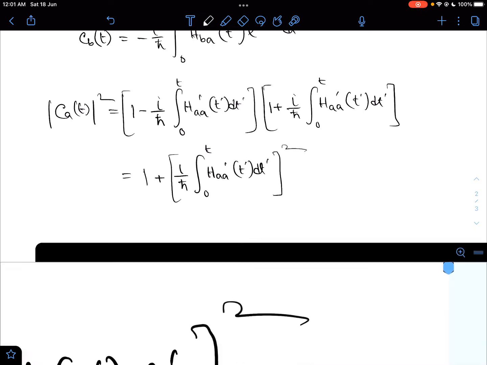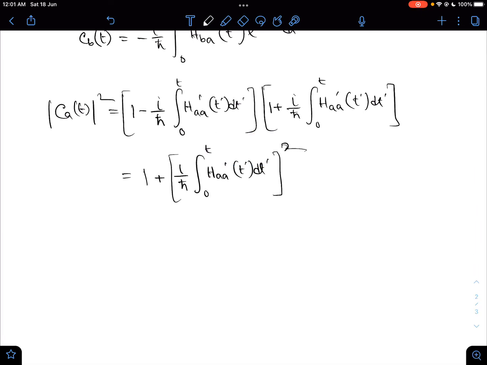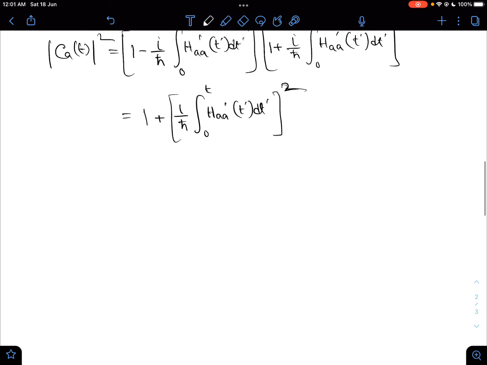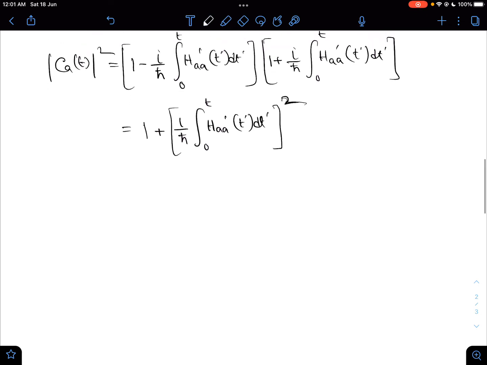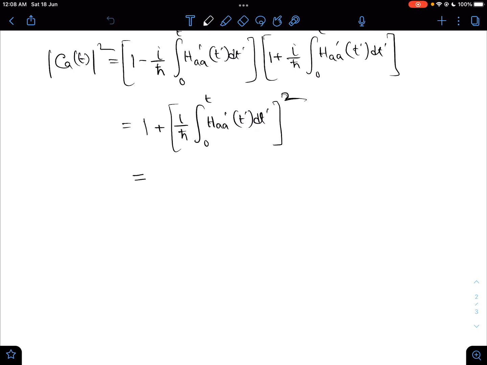The other two terms will cancel out. Now, since this squared represents the probability, it can't be greater than 1. So this term must be 0, and we have |C_A(t)|² to be 1.